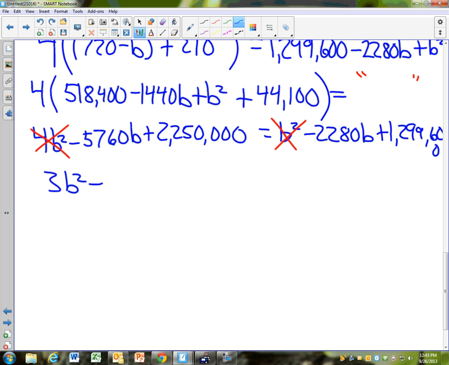Negative 5,760 plus 2,280, and we get negative 3,480. And then I take my 2.25 million and I subtract off of that 1,299,600. 950,400.